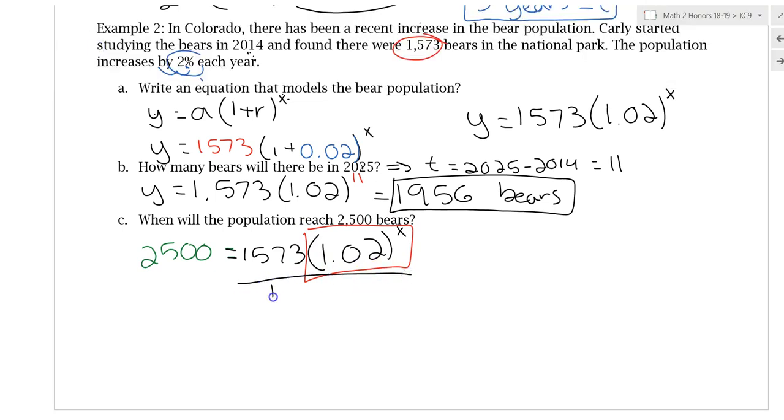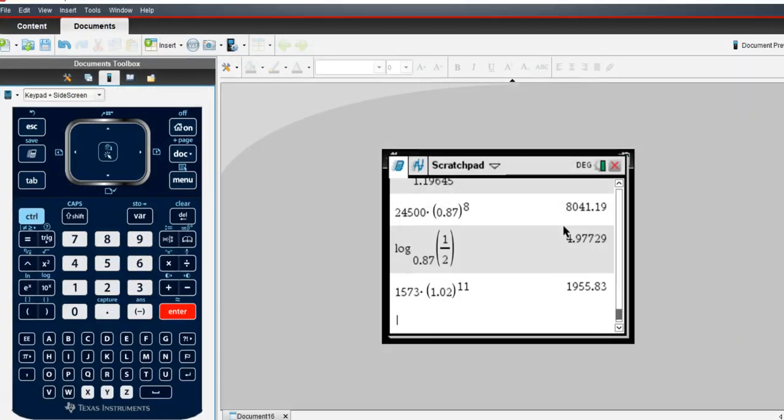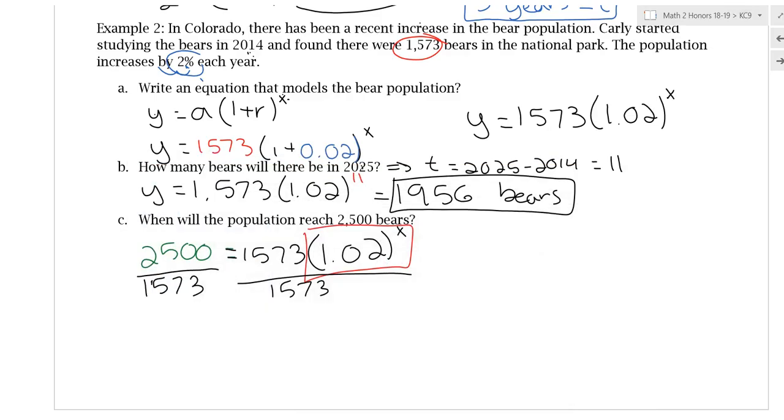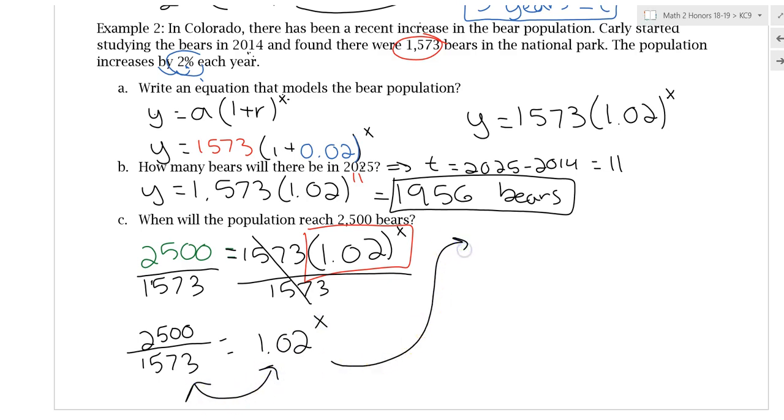So we're going to divide by 1,573. And that fraction stays exactly how it is, and we're going to leave it. I would rather have fractions than rounding any decimals. It's going to give you a more exact answer. These cancel out. We're left with 1.02 to the x. And we're going to switch these around to make our loop make sense.